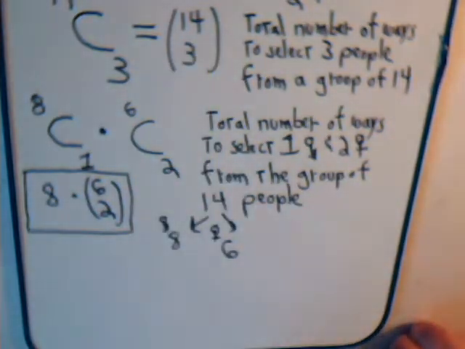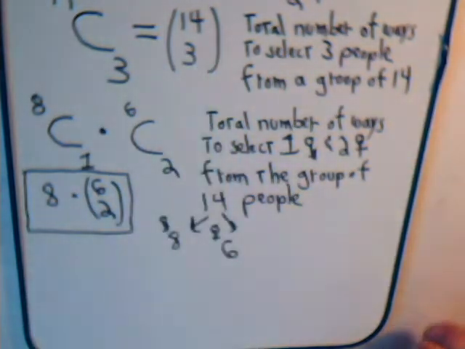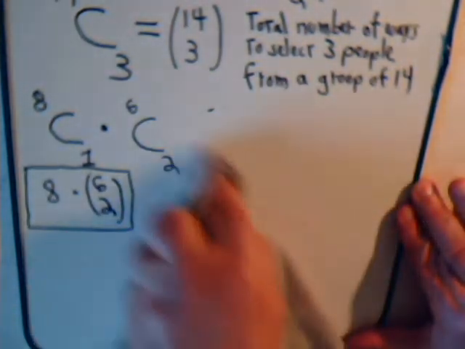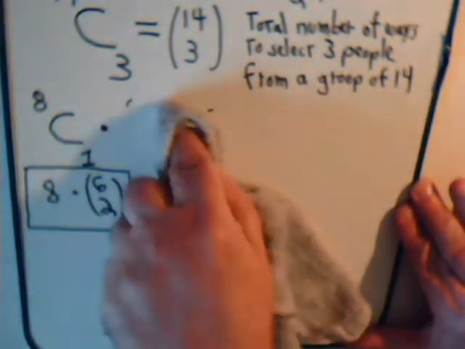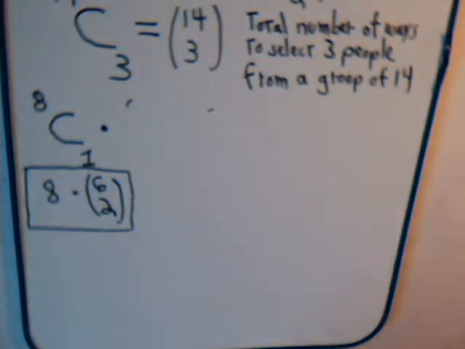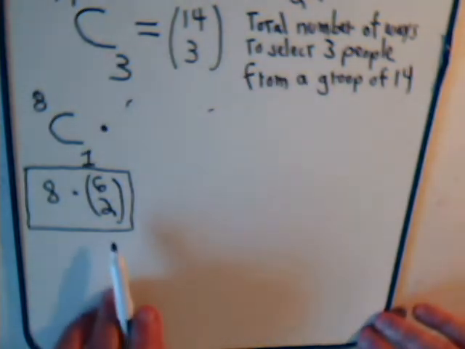This other binomial coefficient is the total number of ways to select 3 people from the group. So we want to divide this by this. Before we do the division, let's figure out what this binomial expression is.